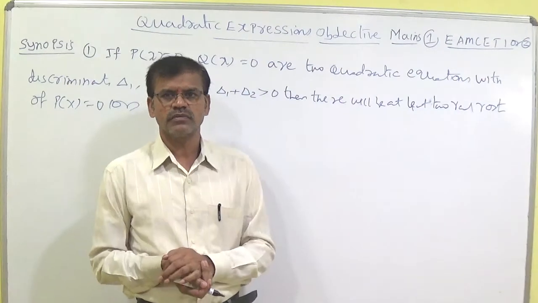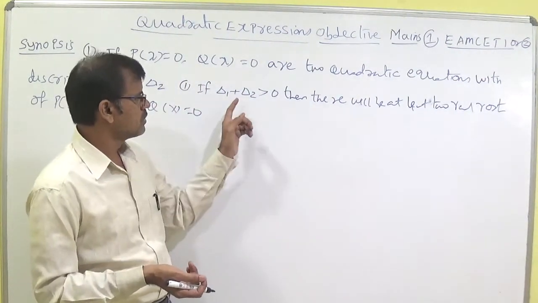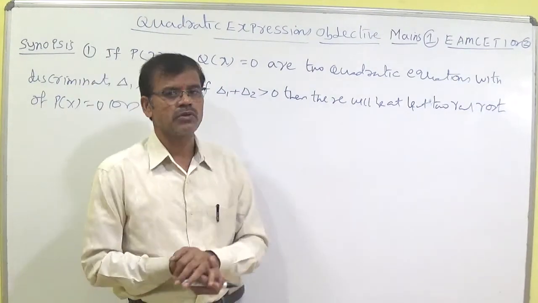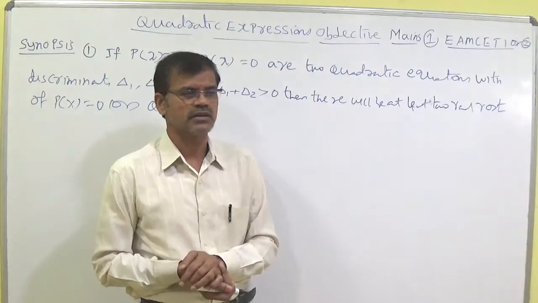So we should calculate the nature of the roots of the combined equation. If we multiply, it becomes a biquadratic equation.